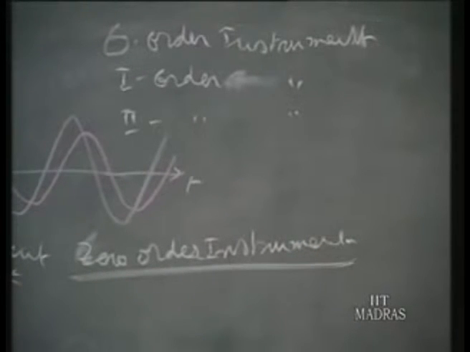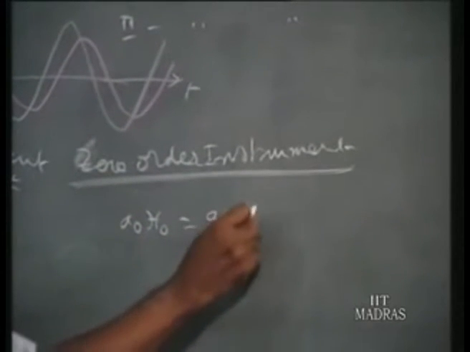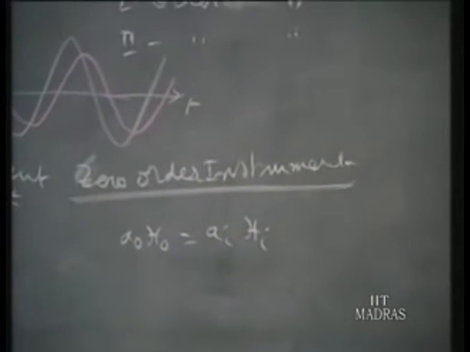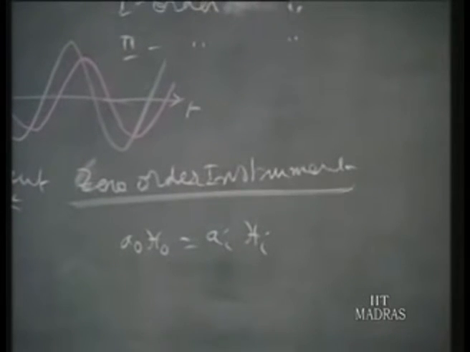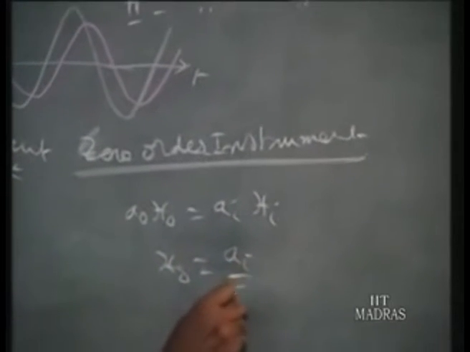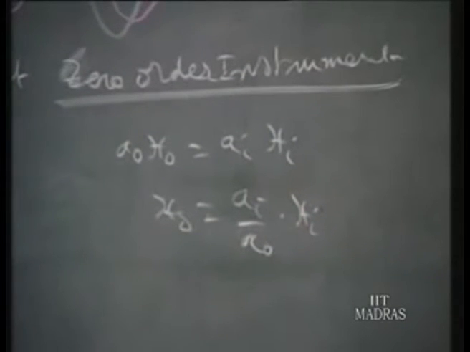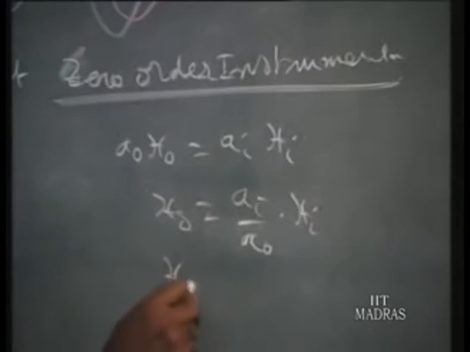It is represented by A0 xo = AI xi, where xi and xo are input and output signals, and A0 and AI are the physical parameters. So it can be rewritten xo = (AI/A0) xi, and this AI/A0 is normally called sensitivity.